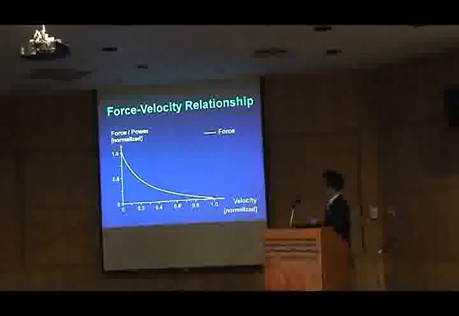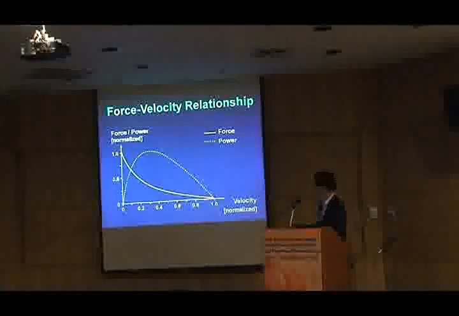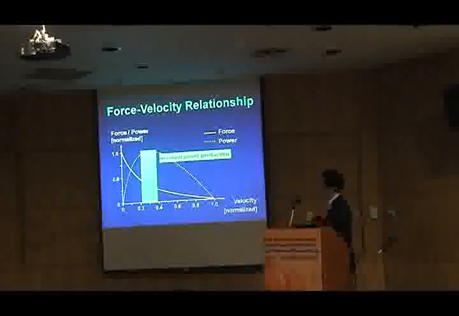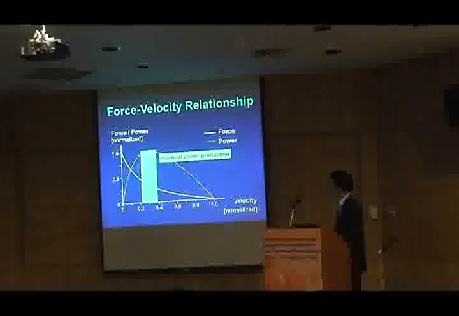And then force-velocity could also be basic information. If you speed up, you're not going to generate the maximum power. There are certain speeds where you can get the maximum power output, so we have to think about this relationship.